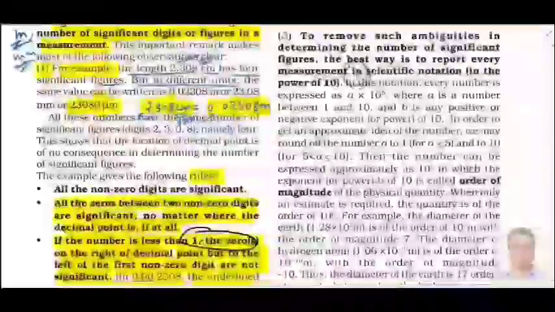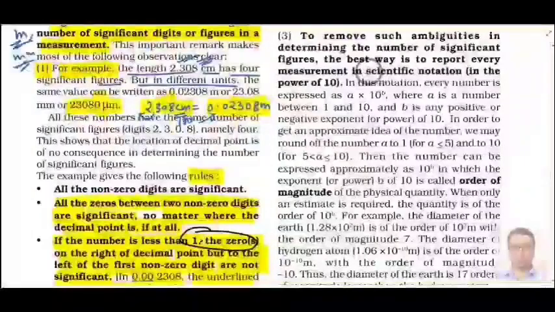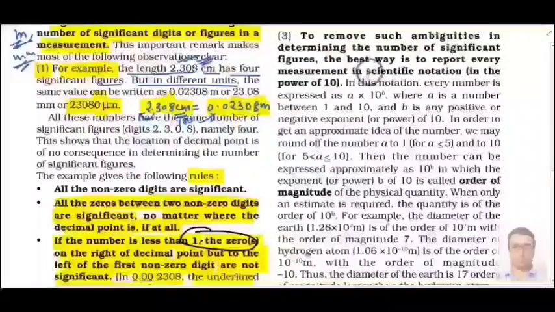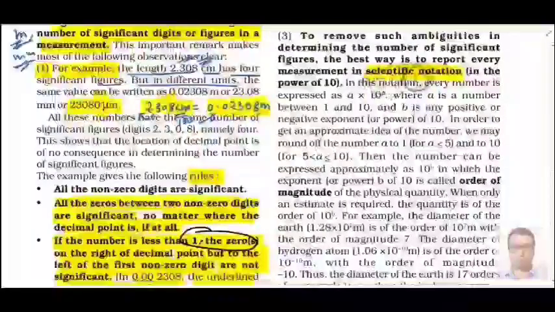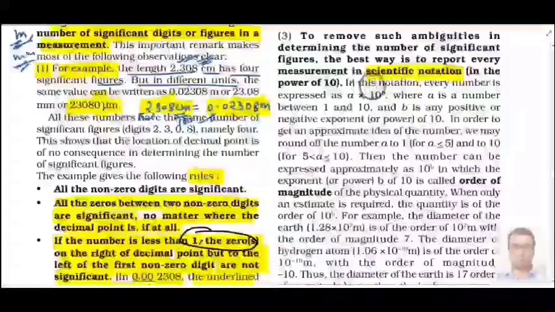Now we have the next thing. To make the process of writing significant figures easy, we have one method that is called representation of a number in scientific notation. So how to write any number in scientific notation?